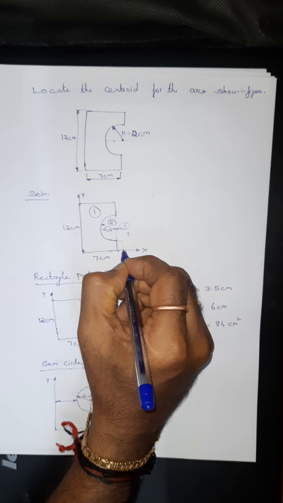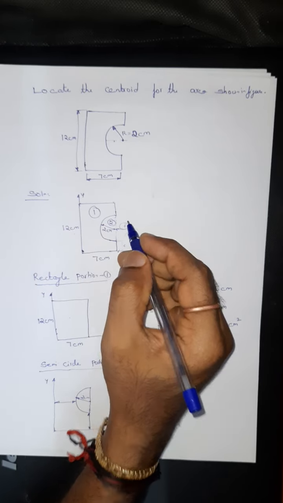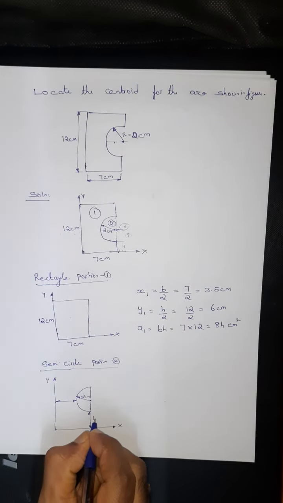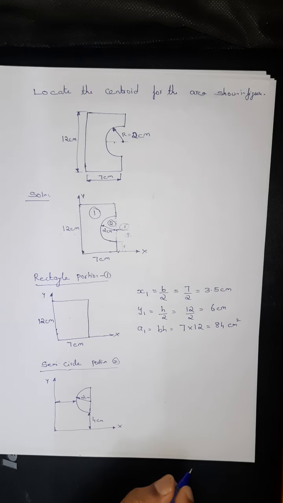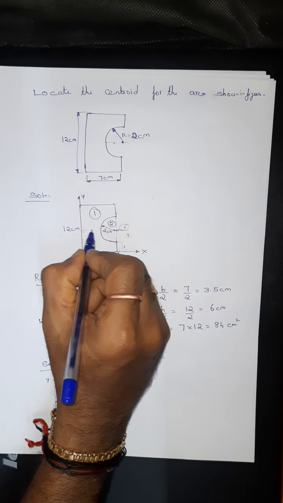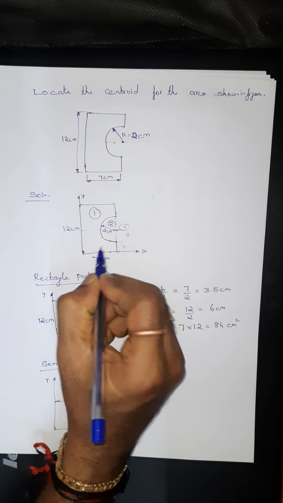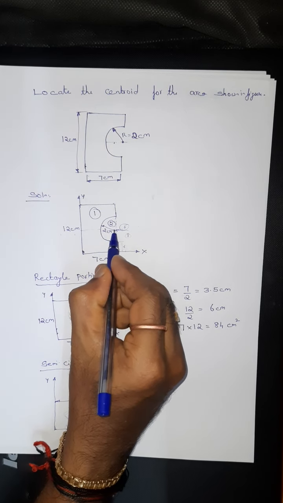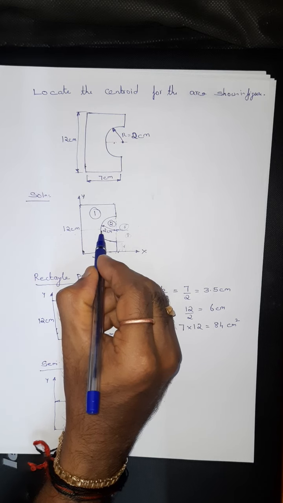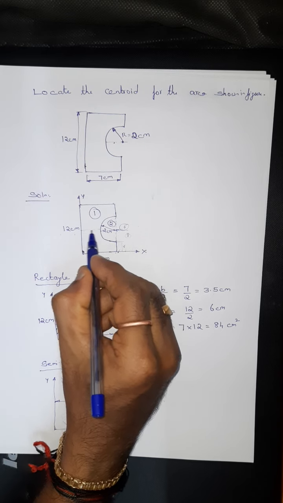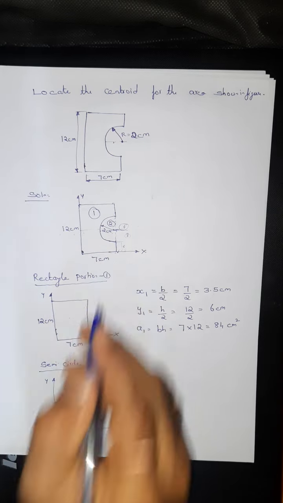So this would be 4 and this could be 4. So the total here is 4 centimeter, right? And what about this distance? The total is 7 centimeter, right? When 2 centimeter is occupied by this semicircle, then what is left out? 7 minus 2, which is 5 centimeter.